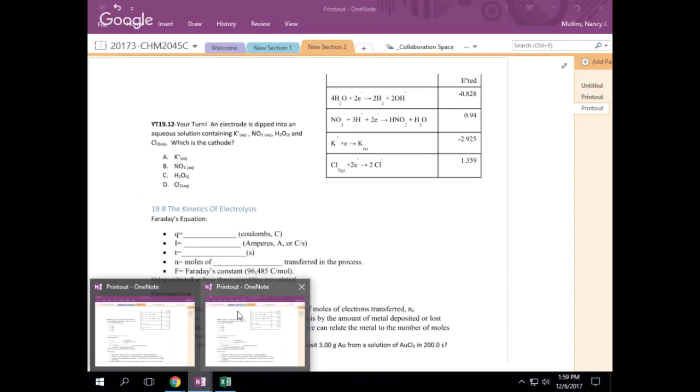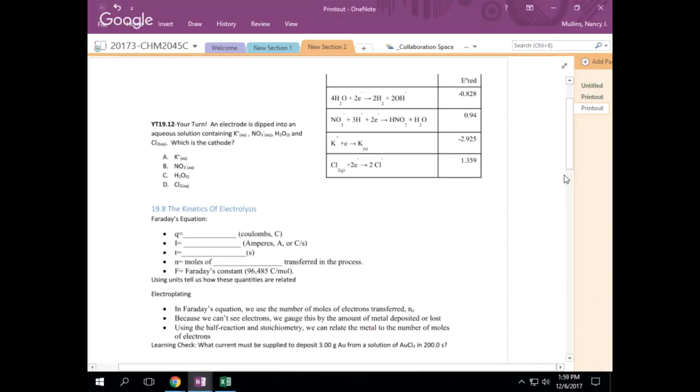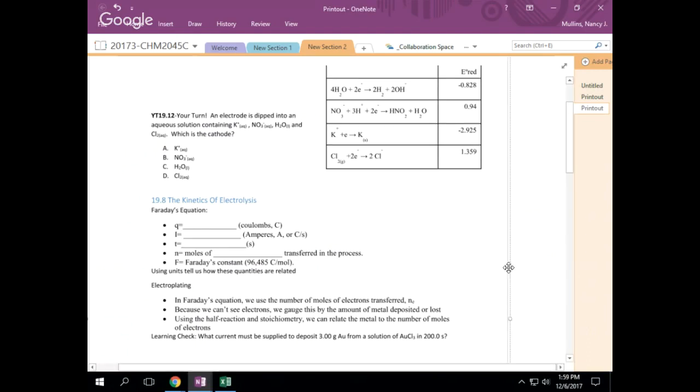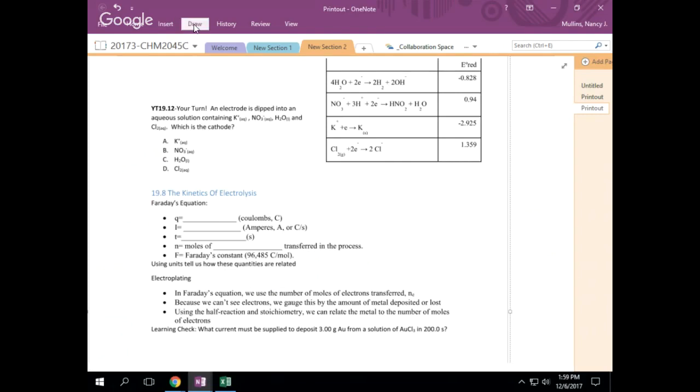So let us have a look at the last little bit of stuff. Everything else in this chapter is talking about thermodynamics and overall spontaneity.